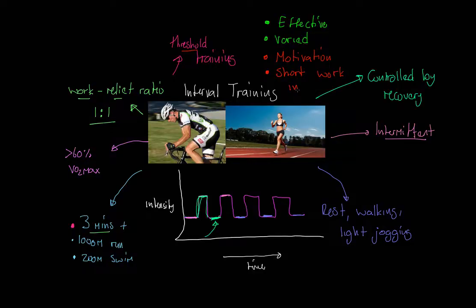So I would argue that these short work intervals, these 3 minute or 1,000 meter run intervals, need to be combined in other training sessions with work which is more continuous to get that full aerobic development. But certainly interval training is a very good alternative or addition, combining this with, for example, continuous training and some weight and resistance training, which we've looked at previously, and it can be very effective. That's all from me. Thanks very much.